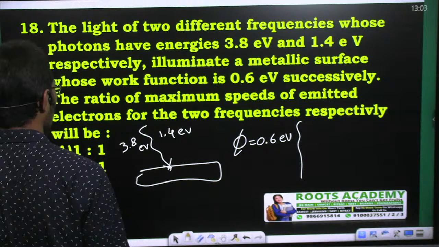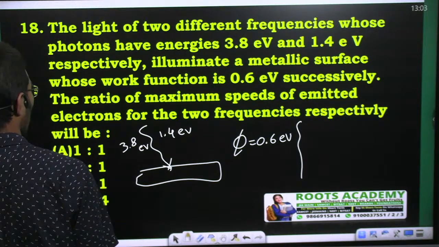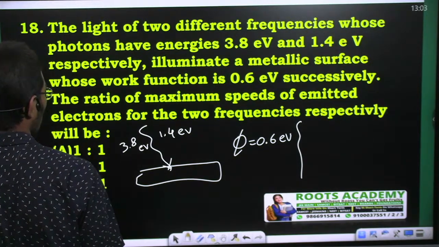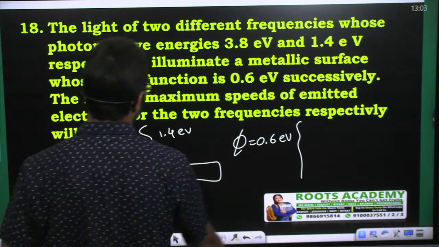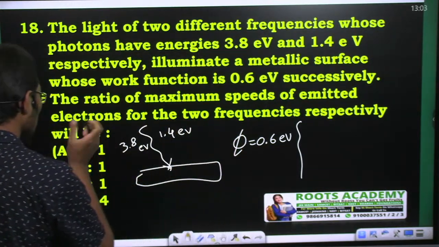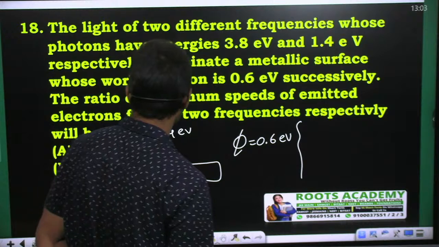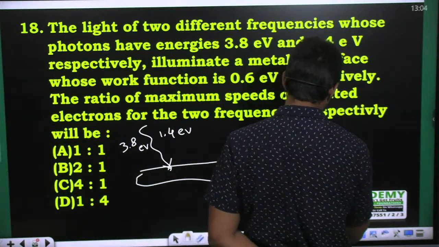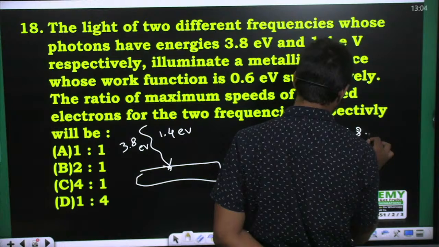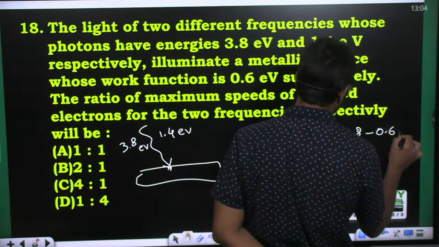So here he is trying to ask the ratio of maximum speeds. The remaining energy apart from the 0.6 will be used as kinetic energy. For the first case, 3.8 minus 0.6, 3.2.